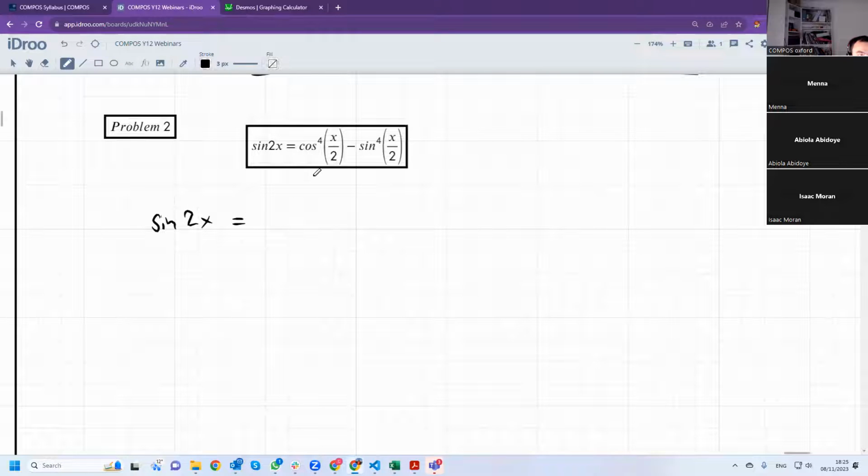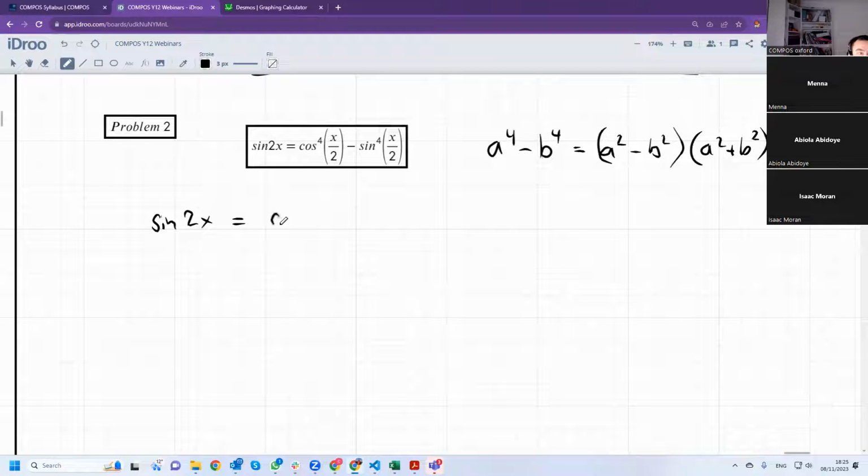is equal to cos^4 (x/2) minus sin^4 (x/2). So I'm going to factor this because this is a difference of two squares, right? So a to the power 4 minus b to the power 4 is a difference of two squares. So it's (a squared minus b squared) multiplied by (a squared plus b squared).